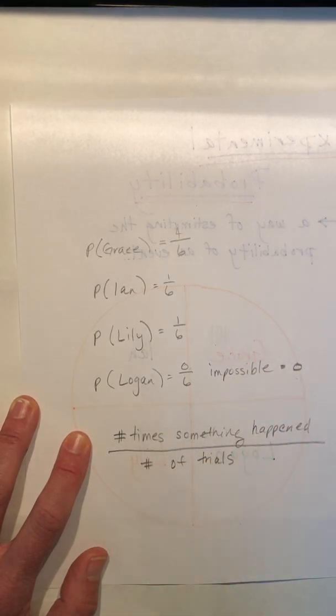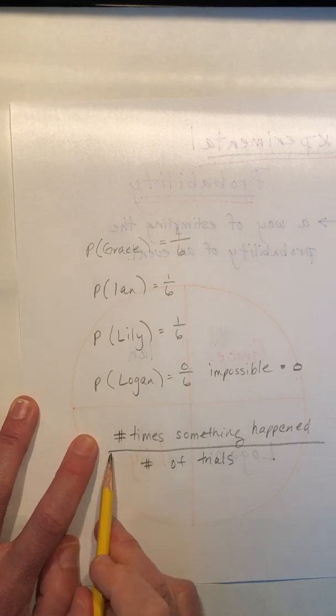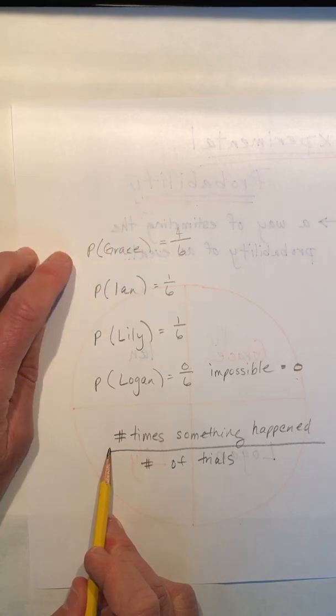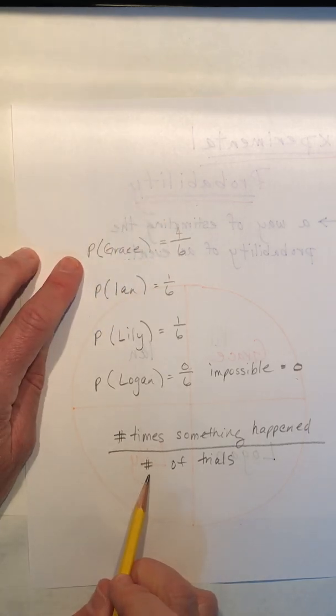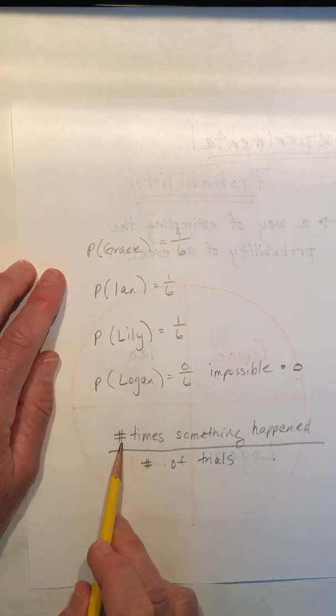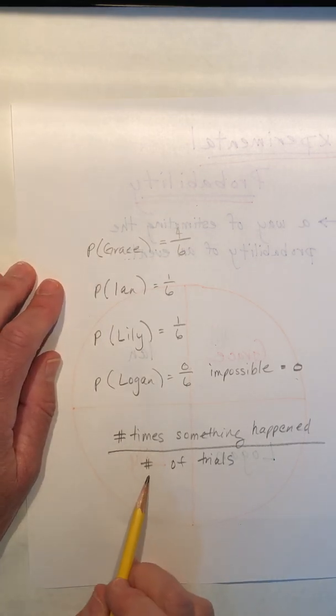So the number of times I held my experiment. So the total number of times something happened for Grace was 4. The total number of trials, that meant 6 spins. So the number of times something happened over the number of trials.